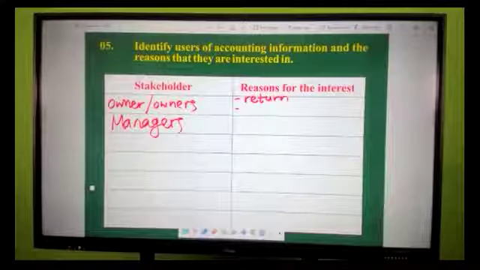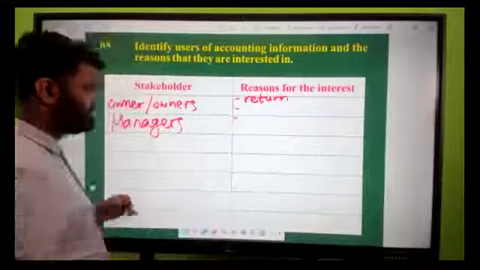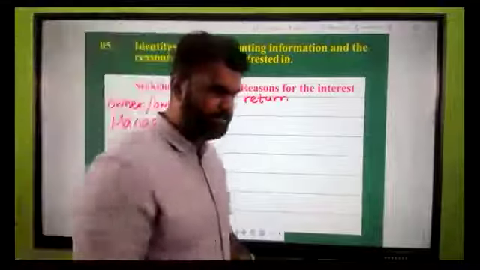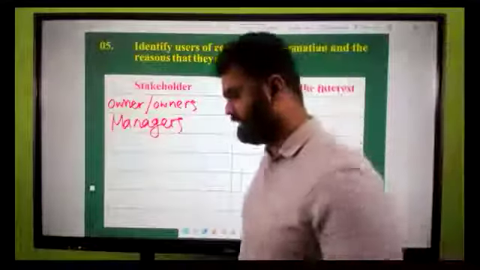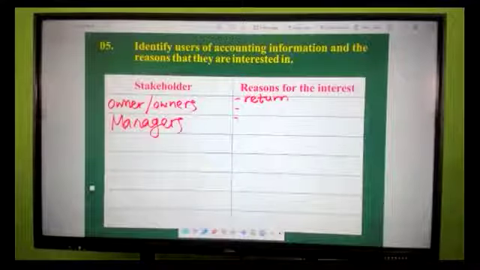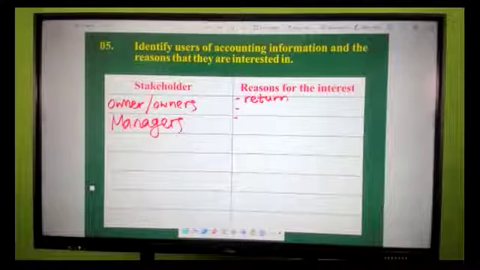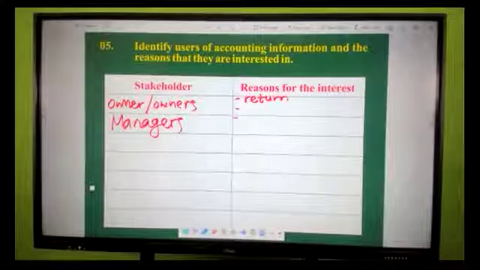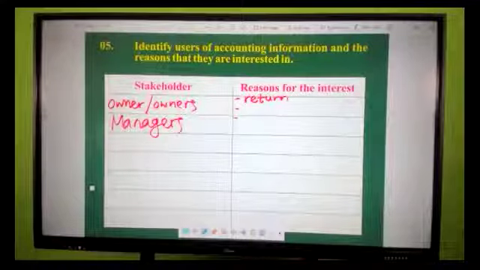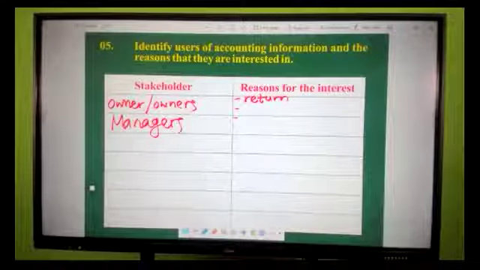By managers, number one, to know whether plans are implemented accordingly.